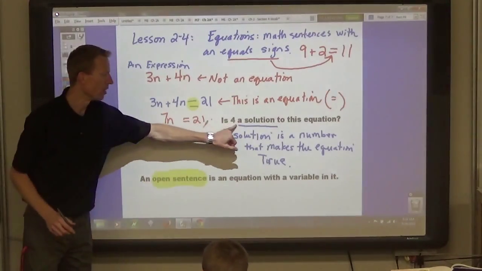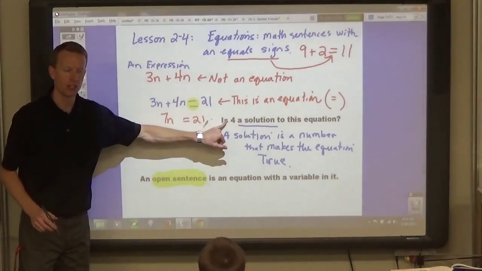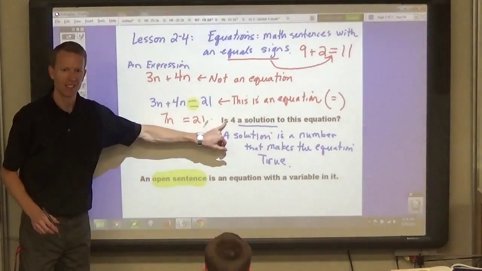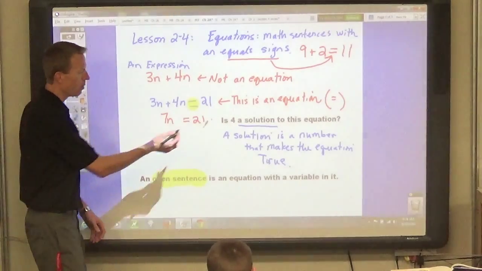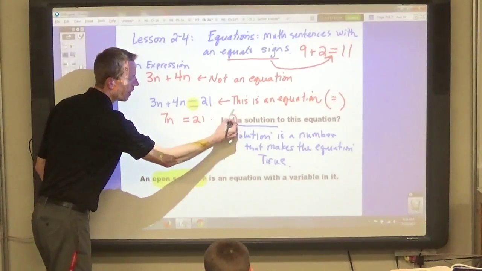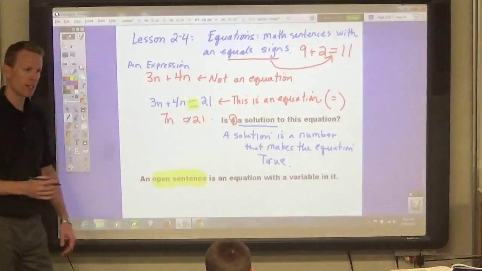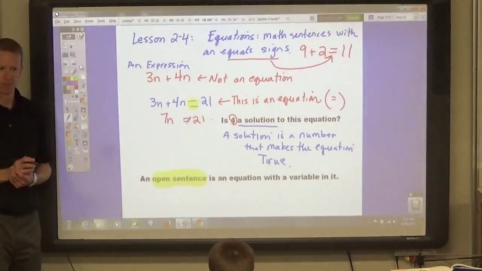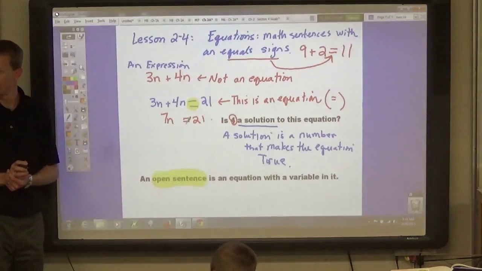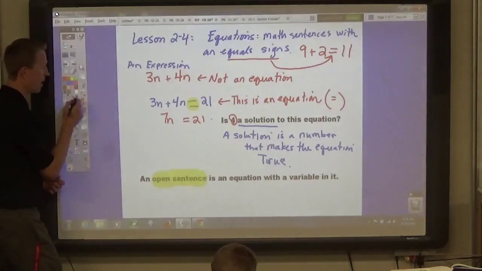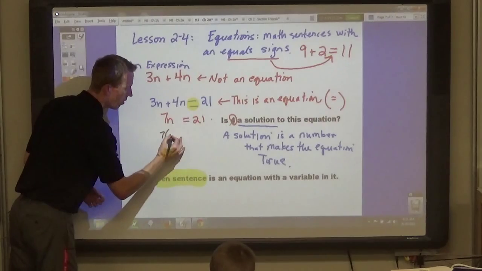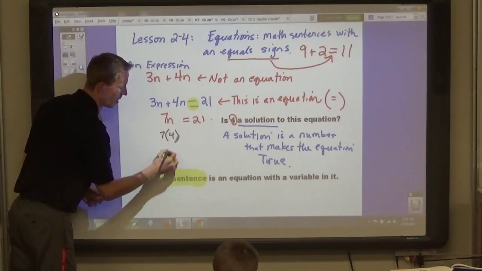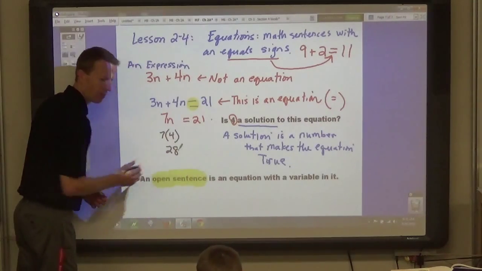Now, look at this question. Is 4 a solution? Meaning, if we put 4 into this equation, does it make it true? What we have to do is check that. 7 times n, so we put 4 in instead of n. That equals 28, right?